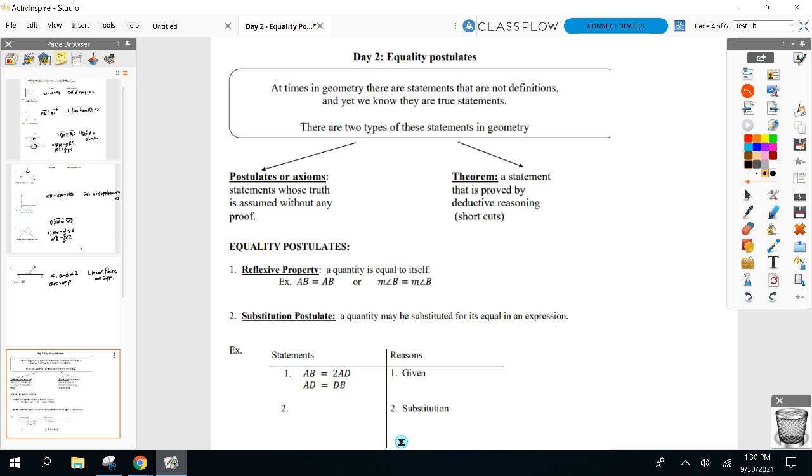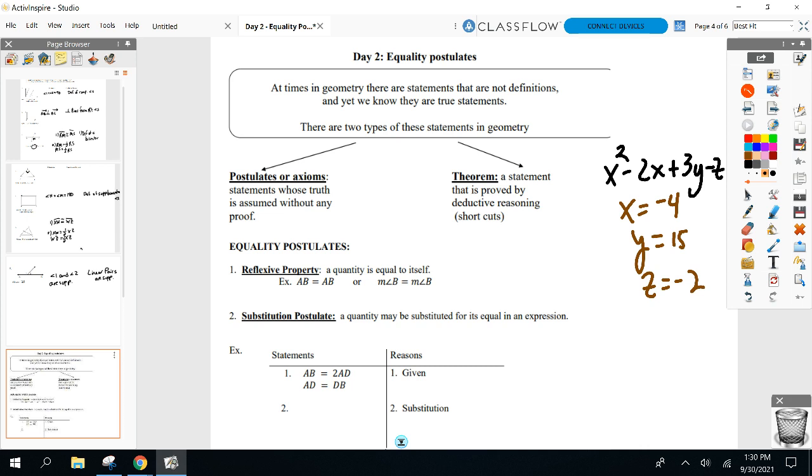All right, next up, the substitution postulate. You guys have done substitution in algebra, I believe, right? You've done this: x squared minus 2x plus 3y minus z, where x equals negative 4, y equals 15, z equals negative 2.